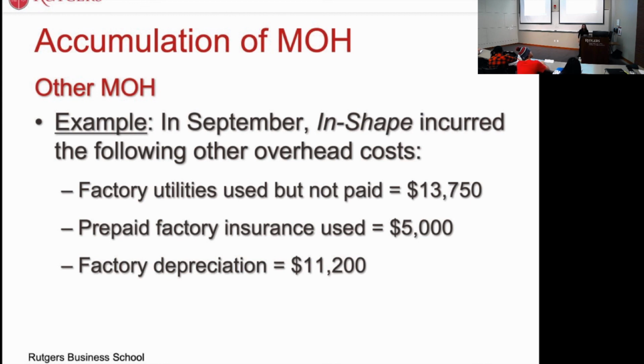So first, the factory utilities, this much. And then the use of insurance. So here, the term is prepaid insurance, prepaid factory insurance, and also the factory depreciation. So let's first look at how we journalize the use of factory utilities.